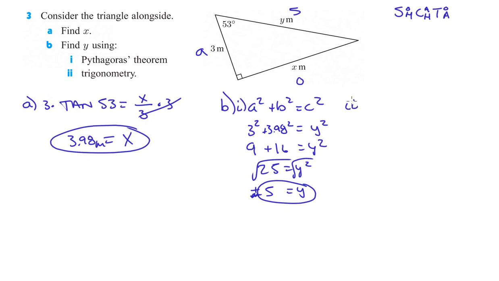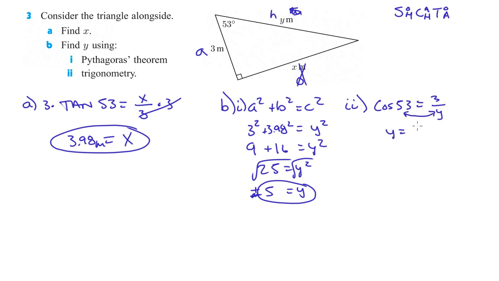So if we do this using trig, we could say, this is the hypotenuse. So adjacent and hypotenuse is cosine. So we can do cosine 53 equals 3 over y, right? Since our variable's in the denominator, we can just swap it with whatever's on the other side.